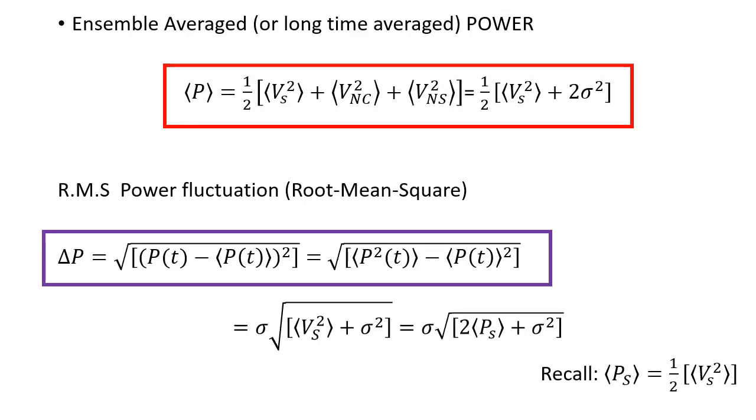So if you look now at the average power, it will be simply the average over what I had written down earlier. Because the cross term contained Vs times Vnc, which is the first moment in a sense, we need to average over the probability distribution, which is the Gaussian.